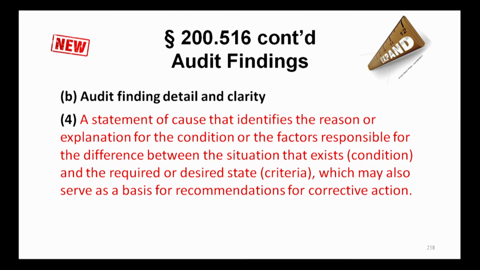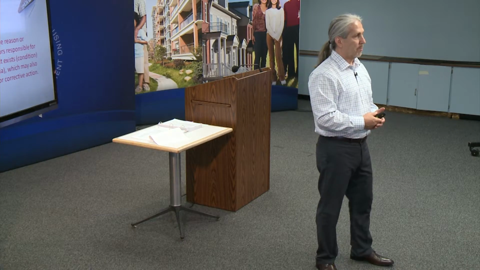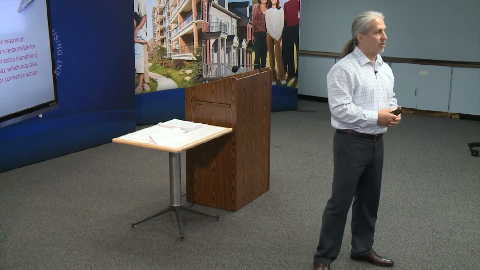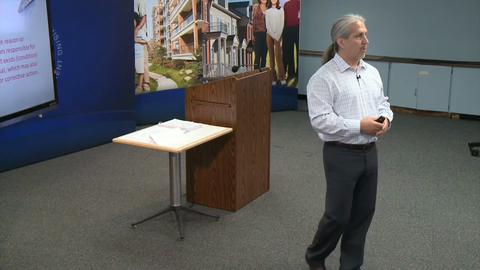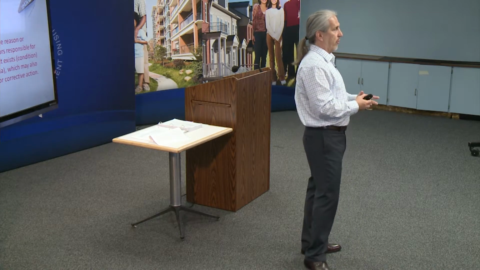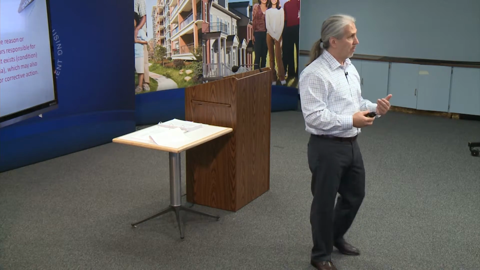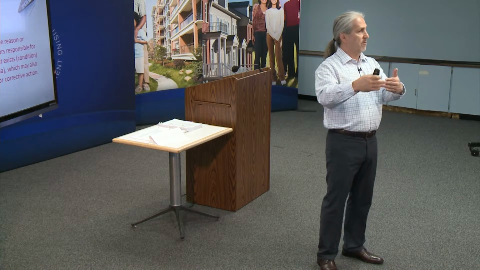So those two things: what's the condition, what's the state of things, and what's the criteria, where should we be? When you understand those two gaps, then you can easily prepare corrective action. It could be writing the policy, developing a procedure, or redoing your internal controls so that certain individuals are accountable for certain steps in the management system or process.